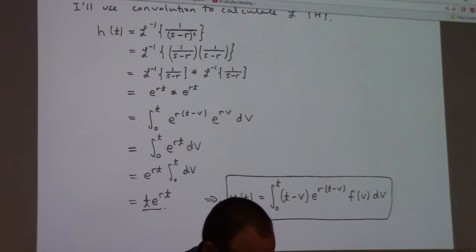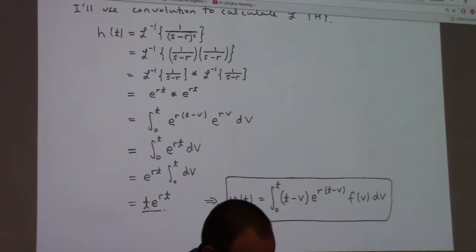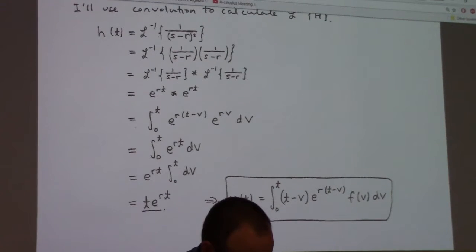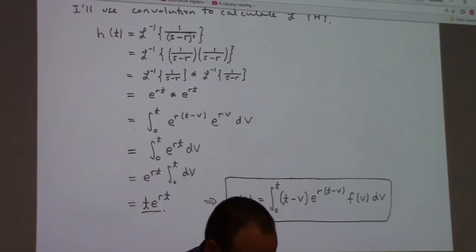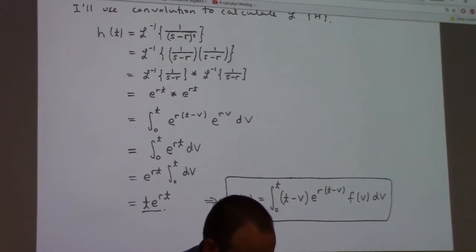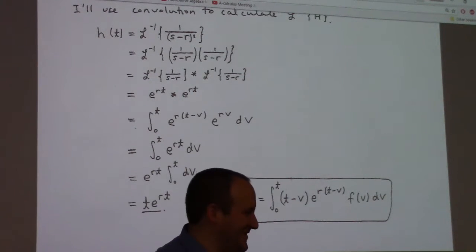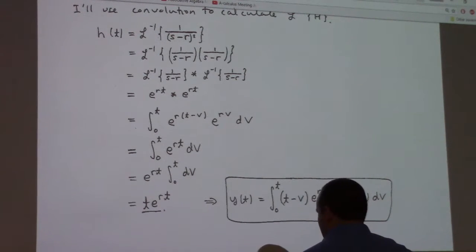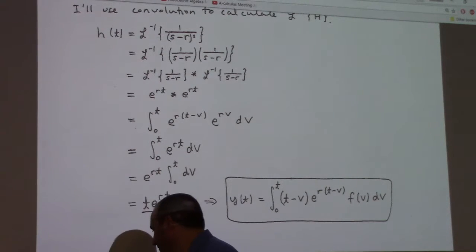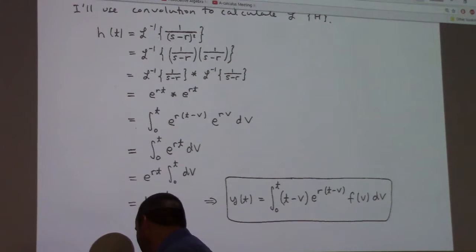Where's that Shift Theorem gone to? Do I not have it on here? Shame on me. Well, on the other hand, shame on you, because I told you could write more stuff on there. And so the Shift Theorem said what? The Laplace transform of e to the minus at times f of t is what?